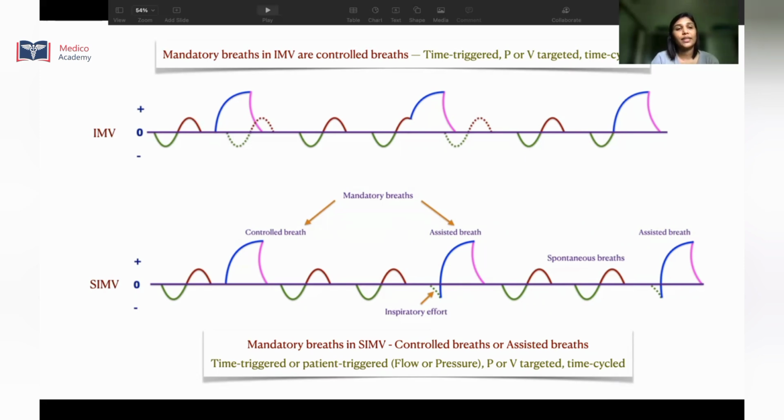So mandatory breaths in SIMV can be controlled as well as assisted, and they can be time triggered or patient triggered and time cycled. So that is the difference between IMV and SIMV. In IMV, there is breath stacking and asynchrony, whereas in SIMV, this is taken care of.